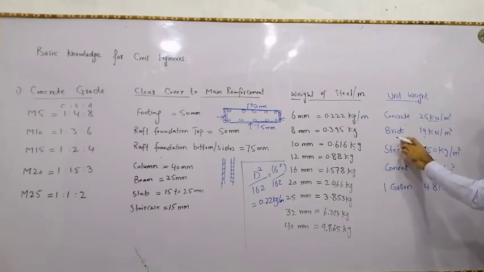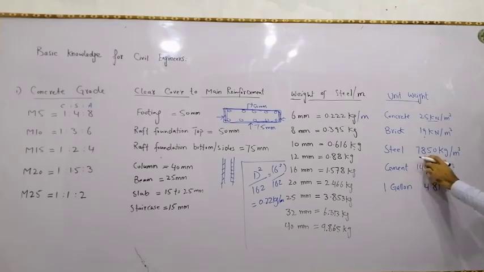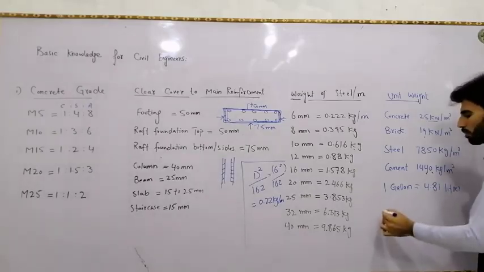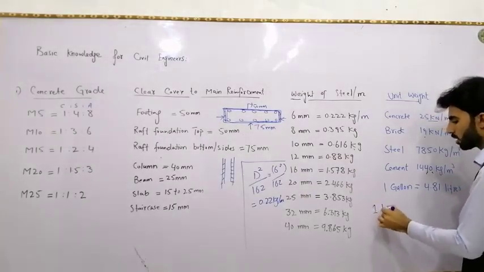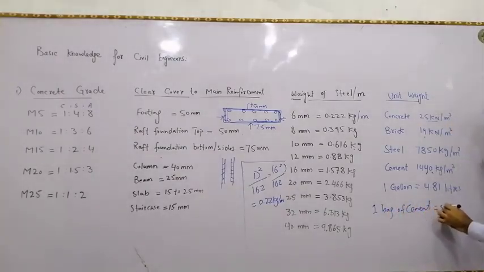Like that, for bricks it is 19 kilonewton per meter cube. For steel 7850 kg per meter cube, for cement 1440 kg per meter cube, and 1 gallon is equal to 4.81 liters. It's very important, but remember one more thing: one bag of cement is equal to 50 kg.